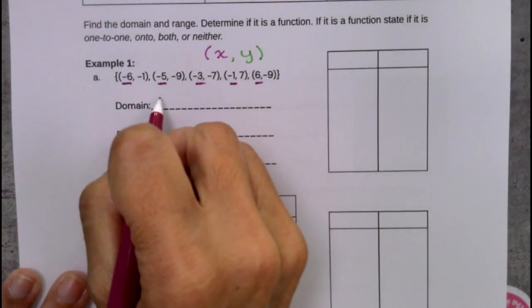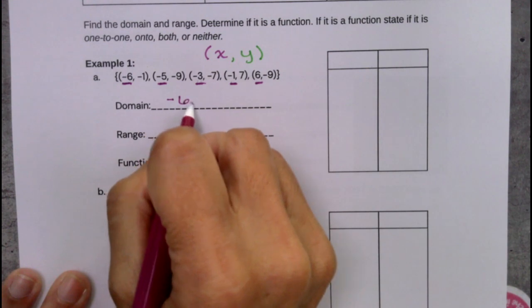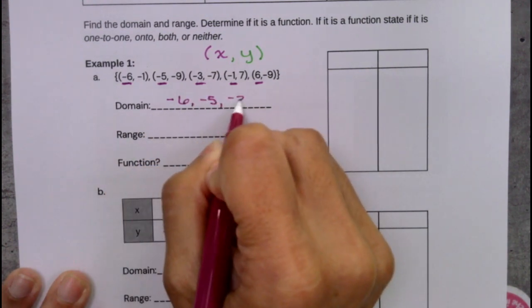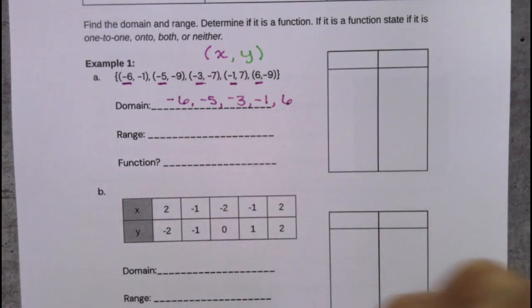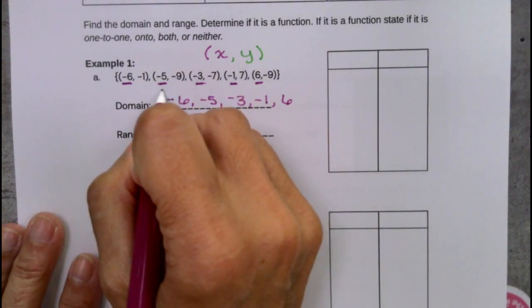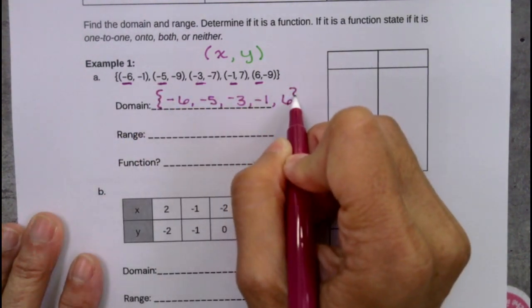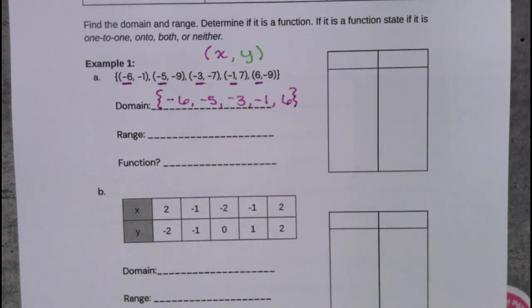The x values would be -6, -5, -3, -1, and 6. We do typically put them in order from least to greatest, and we need to put them in what's called set notation. Set notation just means you put the braces around them. Okay?